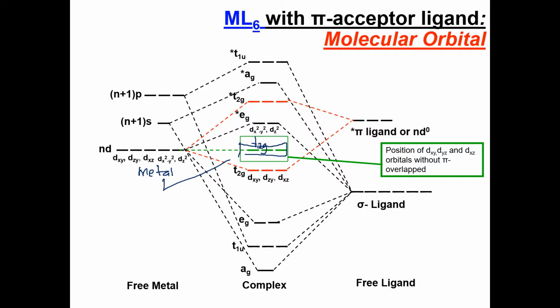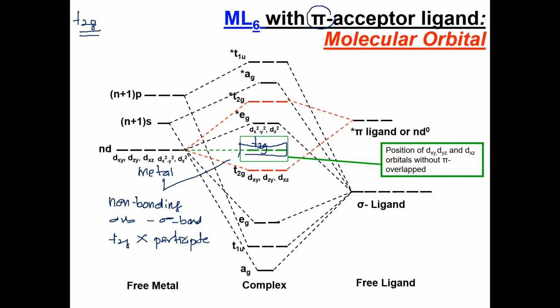Because this T2G is a non-bonding orbital. Why do we say it is non-bonding? Because in sigma overlapping or sigma bond, this T2G didn't participate in the bonding. While for pi bonding or pi overlapping, you have the participation of the T2G orbital.